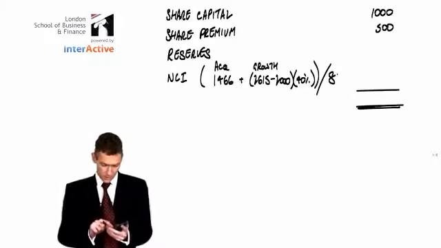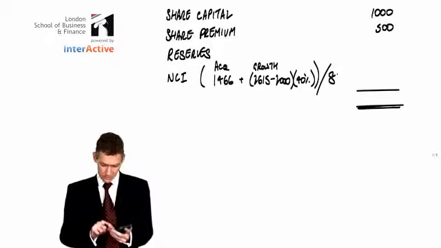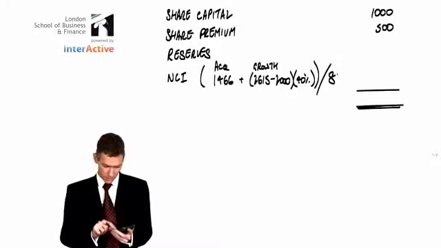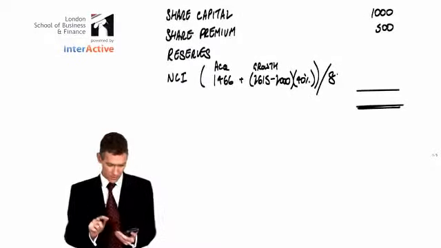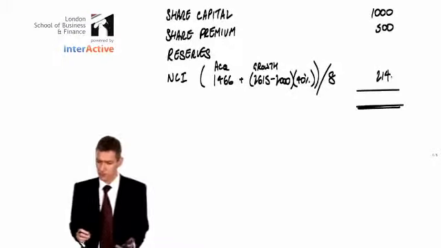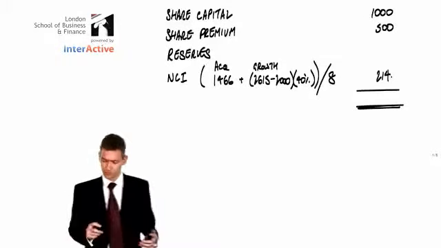So what am I doing here? 615 times 0.4 plus 1466. 1712 divided by 8, 214. Good.